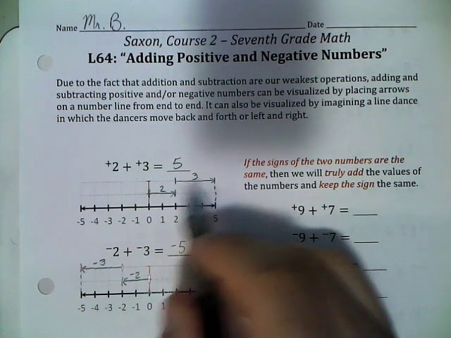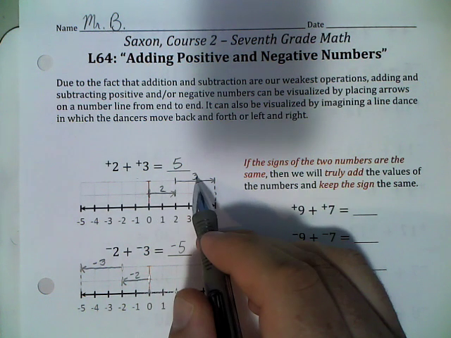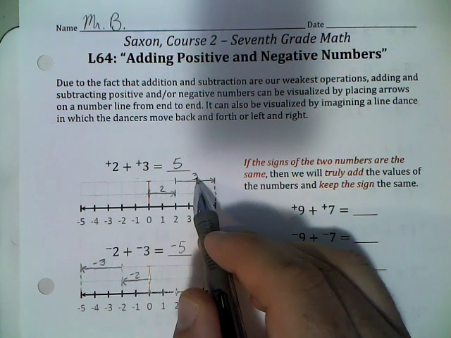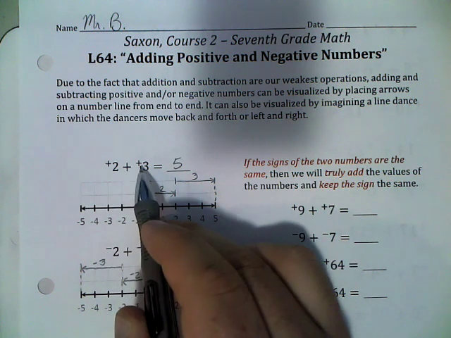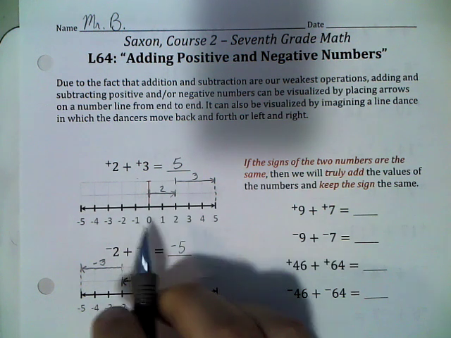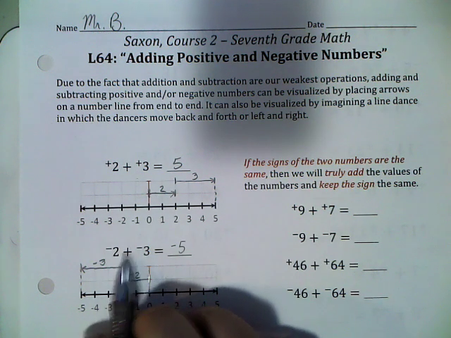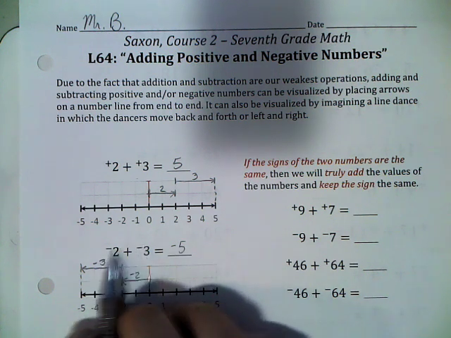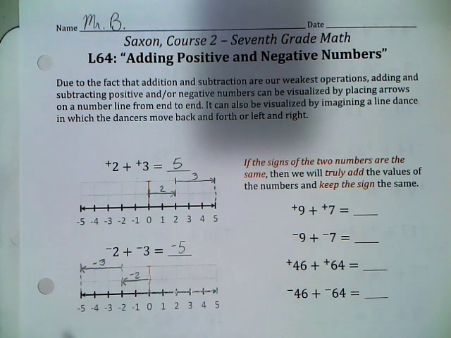So if we have 2 positive numbers we're adding up, we are actually going to add those 2 values. We will do 2 plus 3 to get 5, and since both of those are positive, the answer will still be positive. Whereas down here, since these are both negative, we will add 2 with 3 to get 5, but since they're both negative, this will be negative.